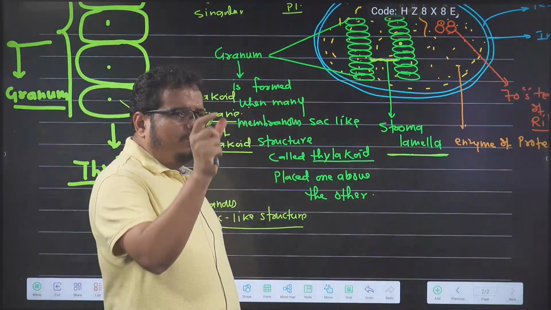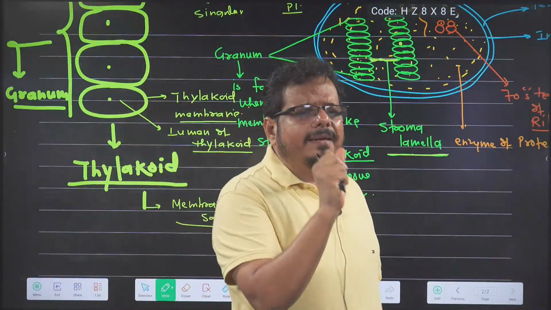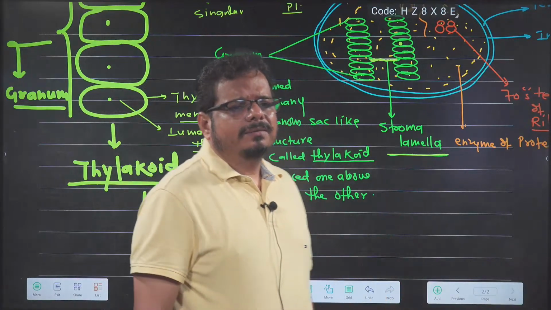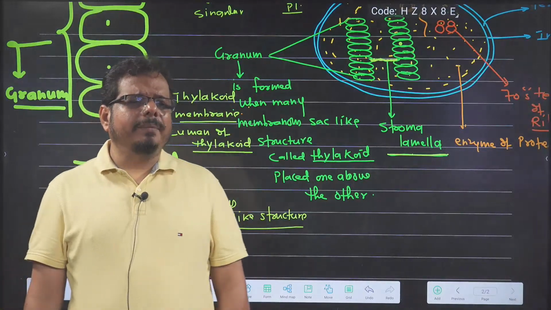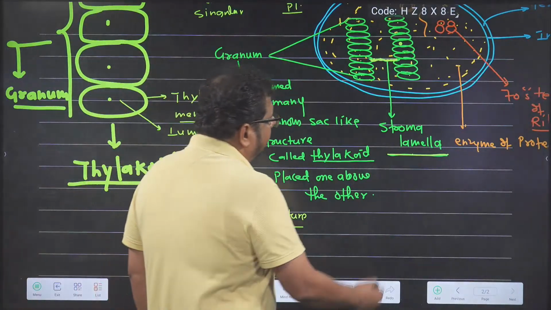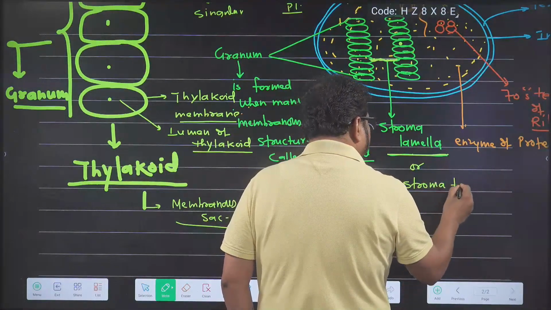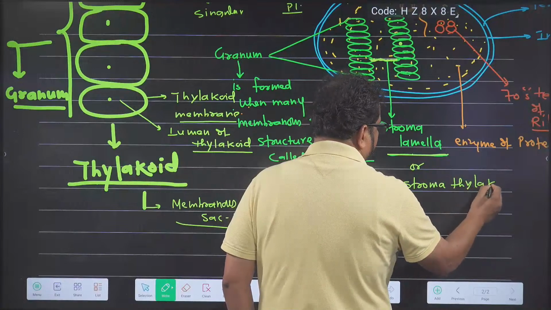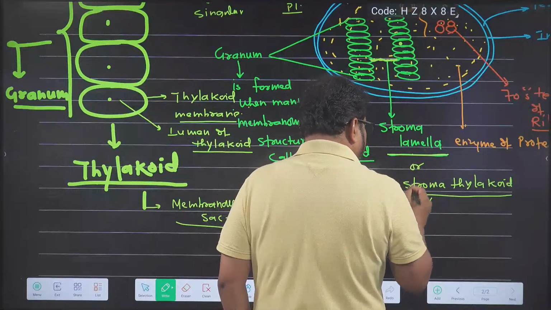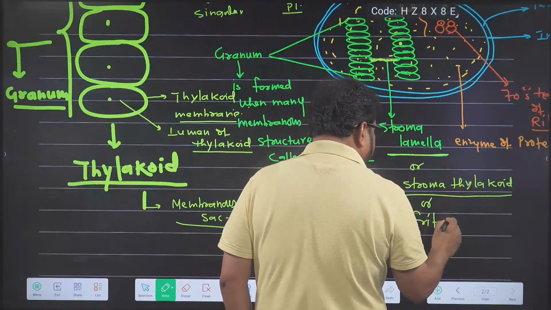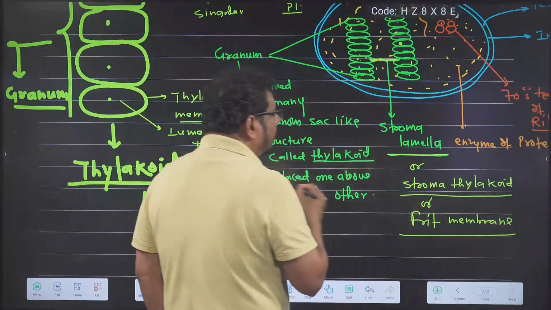But probably by mistake, instead of writing intragranal thylakoid, they wrote intergranal thylakoid. Got the idea? Stroma lamella is also called stroma thylakoid. Some people also say it has frit membrane. One student is writing it also. Good one. It is also called frit membrane.